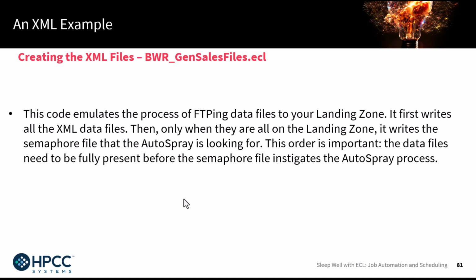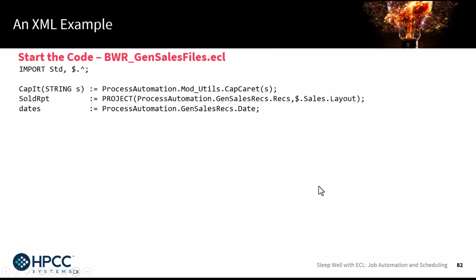And so those files then existed on the landing zone. This simulates the FTPing of data files to your landing zone, of course. That's all they're saying here. So instead of me going out manually opening up FileZilla or some FTP program and then manually uploading files to my landing zone, we just generated it from the ECL cluster.